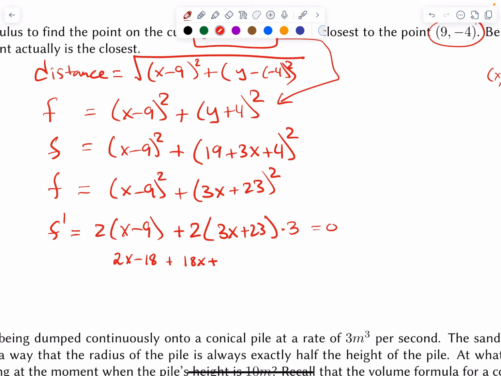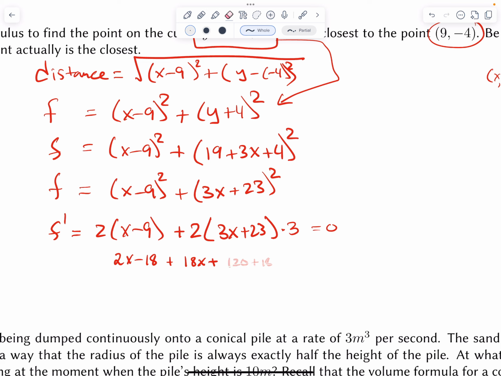No, it can't be 144. Hold on a sec. 6 times 23. Okay, 138. Yeah, that makes sense. 138.